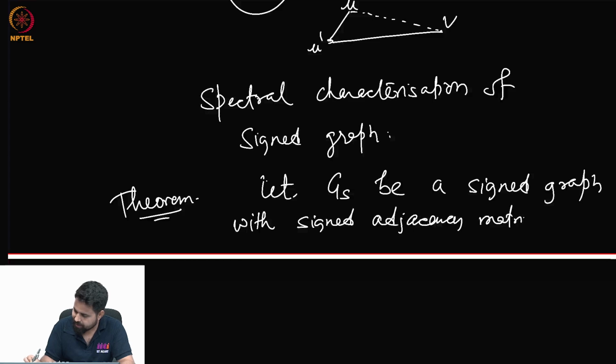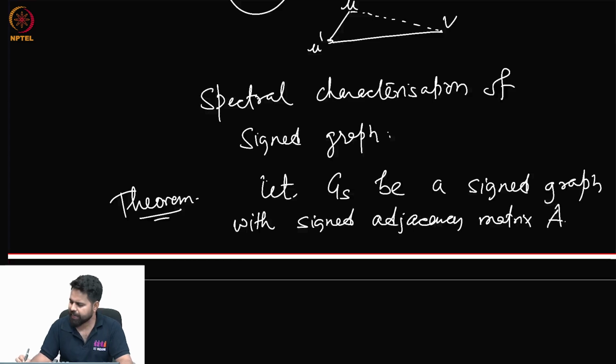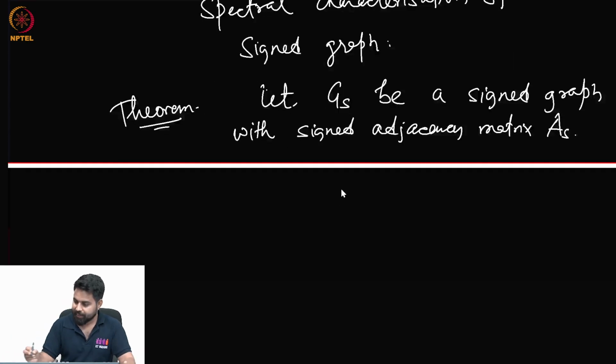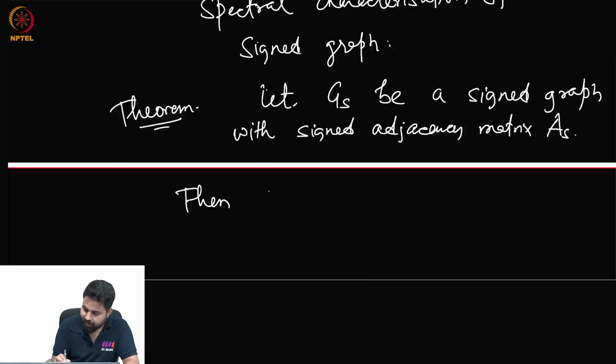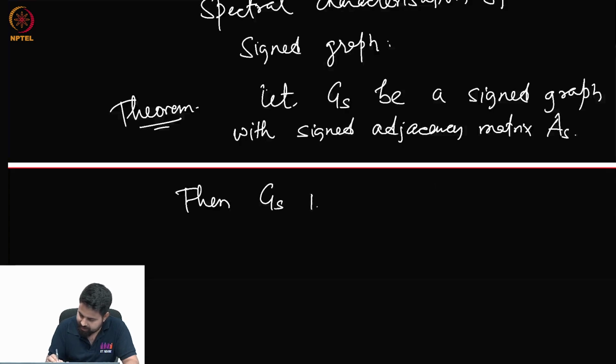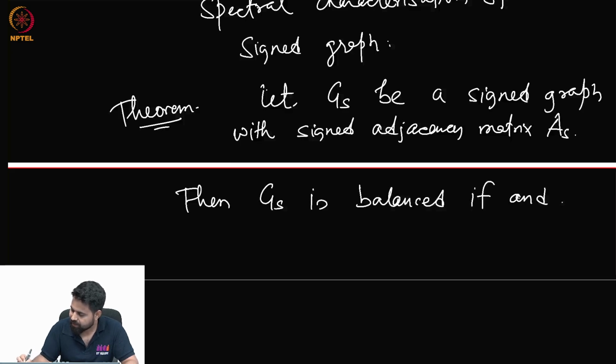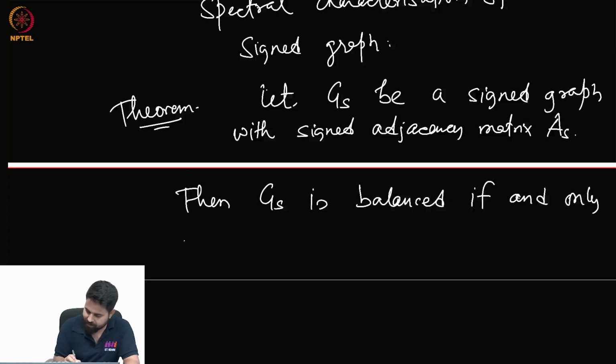Suppose AS, I will simply say. Then GS is balanced if and only if, very powerful.